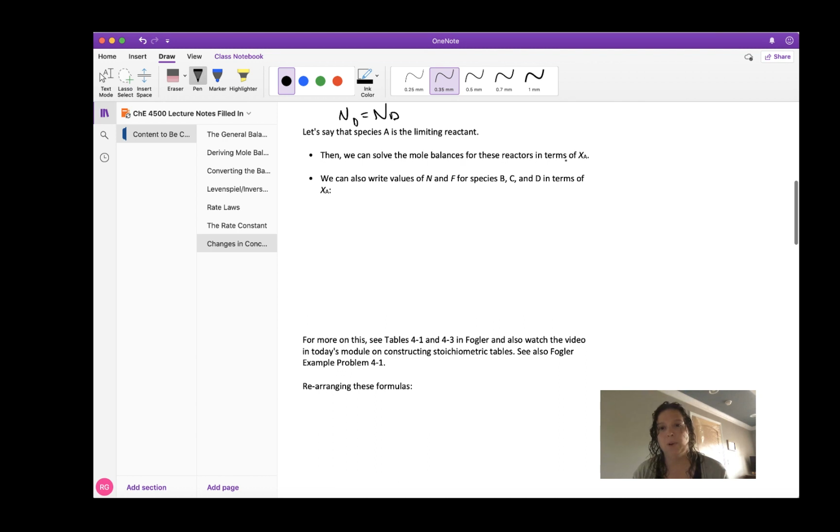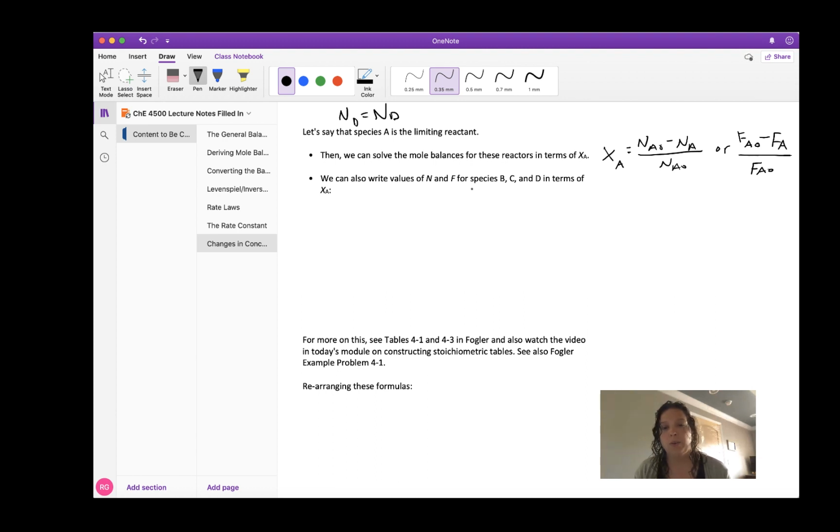That means we can solve the mole balances for these reactors in terms of the conversion of A. And we saw how to do that. So we would say XA is equal to the following. So we know how to write the molar amount of A in terms of the conversion and the initial amount. We could rearrange this equation to solve for this term or this term, and we know how to do that.